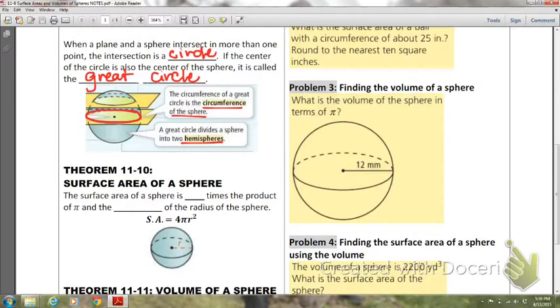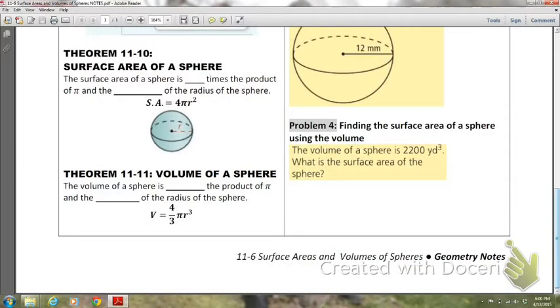So let's look at the theorem for the surface area of a sphere. The surface area of a sphere is 4 times the product of pi and the square of the radius of the sphere.